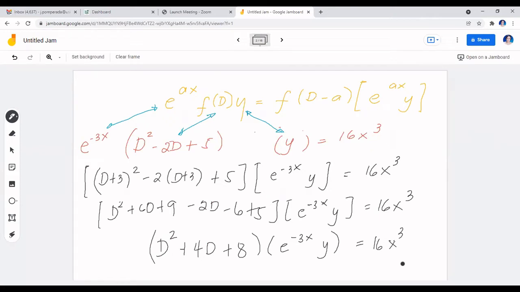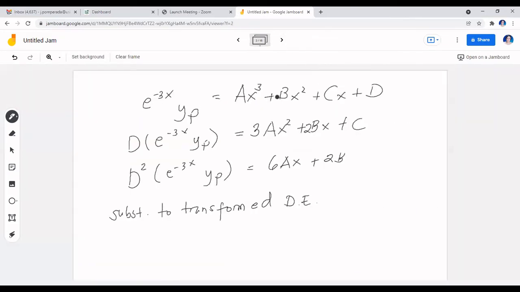So your yp, or your e raised to minus 3x y sub p, will not anymore be a form of product of an exponential function and a third degree polynomial, because we already transferred the exponential function here on the left side. What I mean is this. So the form of your particular solution for this new unknown function is this one now.